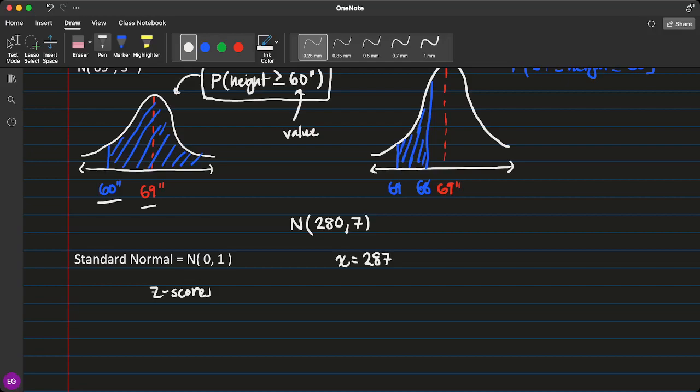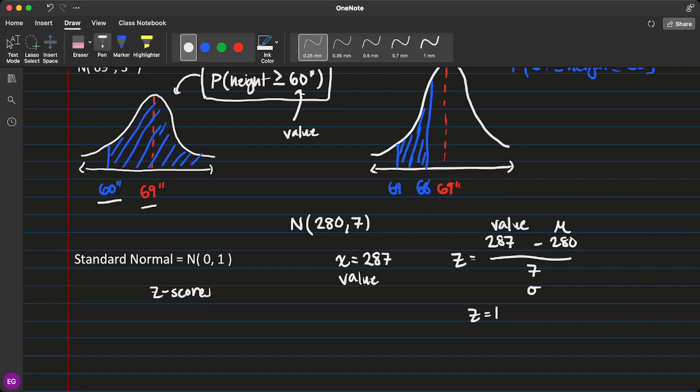And you can take that value of 287 and calculate a z-score. How would you do it? Well, you would do the value, which is 287, minus the mean, which is 280, all divided by the standard deviation, which is 7. And if you calculate all that, you get 1.